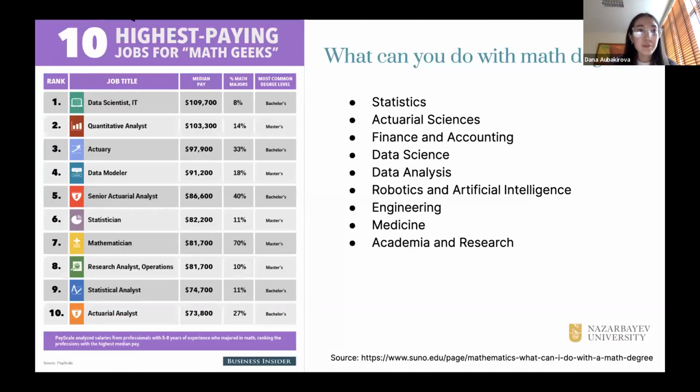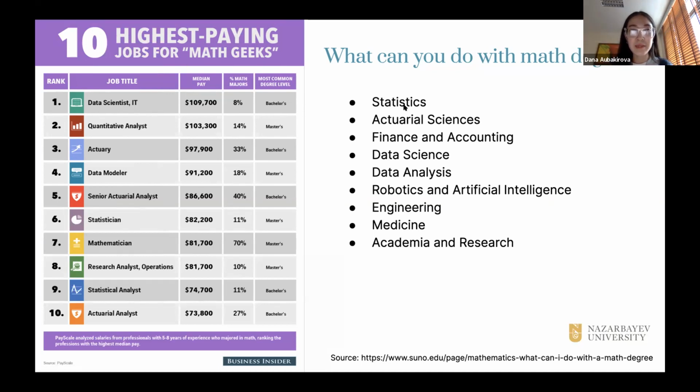In the next slide, since I'm a math major, I think it is legitimate for me to specify what kind of job opportunities you will have after graduation, after receiving a math degree. A math degree really opens the door to a variety of professions.